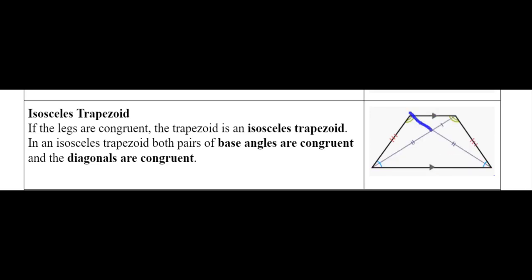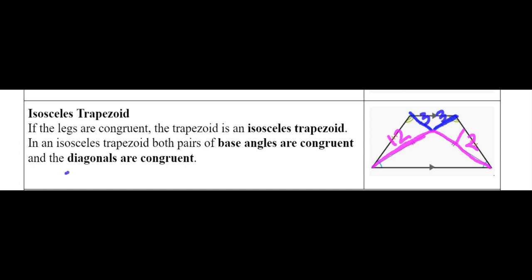So these two pieces are congruent, and these two pieces are congruent. So for example, if I told you that this purple part is 12, then you could conclude that this purple part is 12. And if I told you that the blue part was 3, then you can conclude that this blue part is 3.